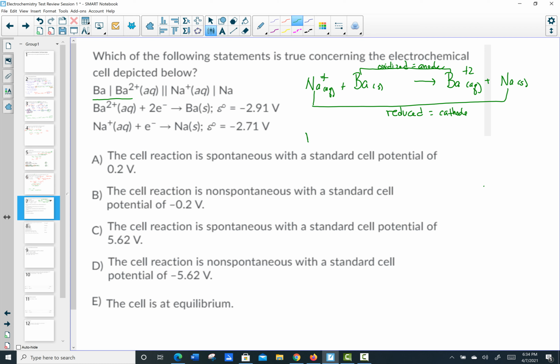To calculate E cell, we take the cathode, which we said was sodium, negative 2.71, minus the anode, which was the barium, negative 2.91.